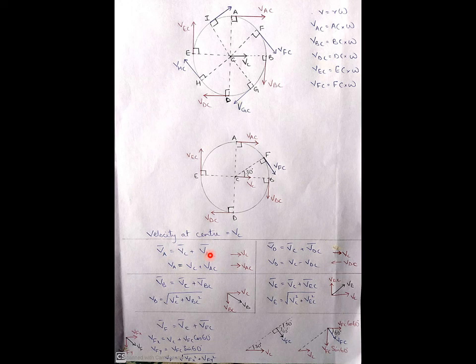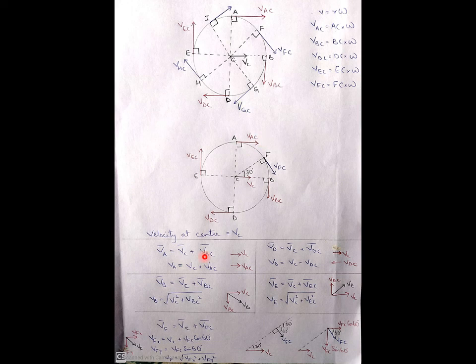It is not AC, what we require is the velocity at the point A. So vector A equal to vector C plus vector A with respect to C, which means if you want to calculate the velocity of this point, then it should be told in terms of the center point itself. So velocity of A equal to velocity of center point plus velocity of A with respect to C.